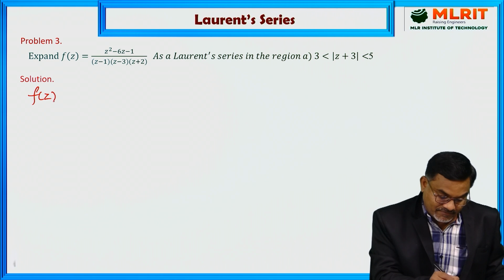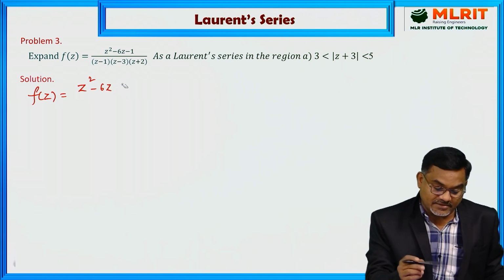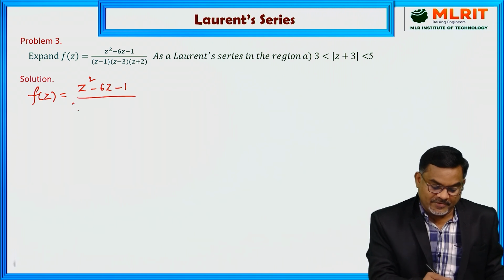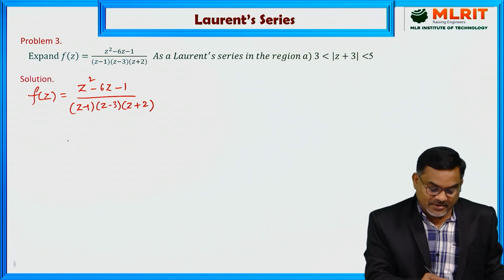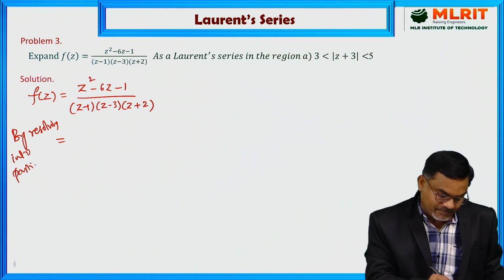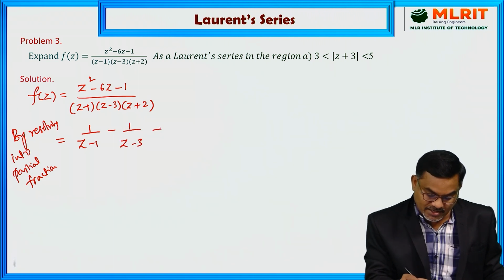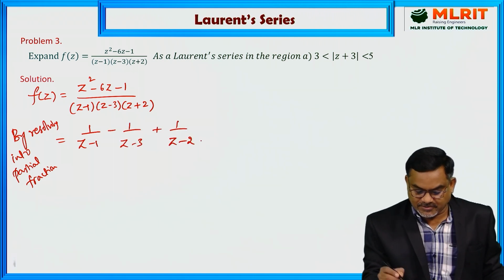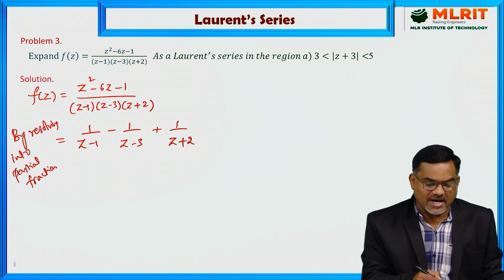So by resolving into partial fractions, we get this is equal to 1 by z minus 1, minus 1 by z minus 3, plus 1 by z plus 2. This you can practice, and you know how to find the partial fractions.